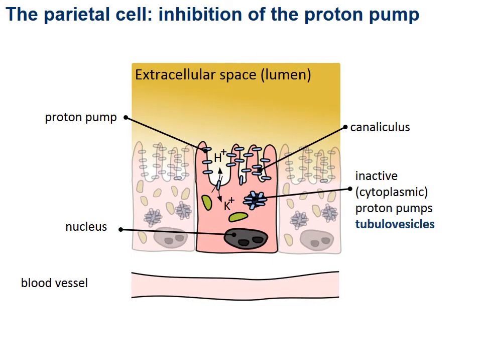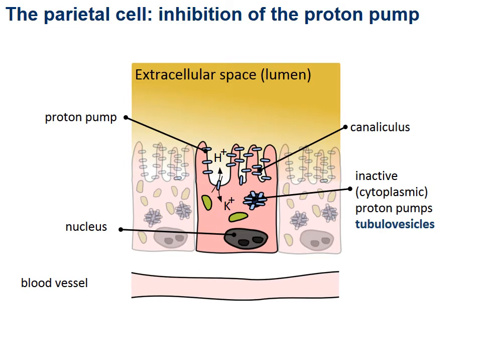So this is a more detailed schematic to illustrate how proton pump inhibitors interact with their molecular target. So we've got here blood vessels or capillaries and the parietal cell here, which is present in the gastric pit, in the fundus of the stomach.